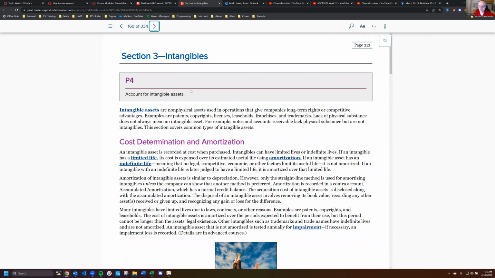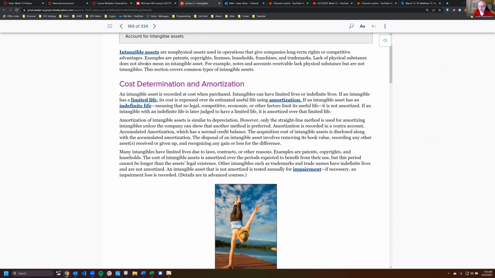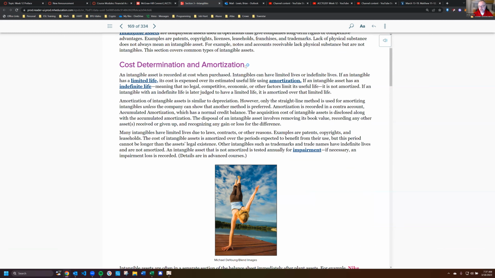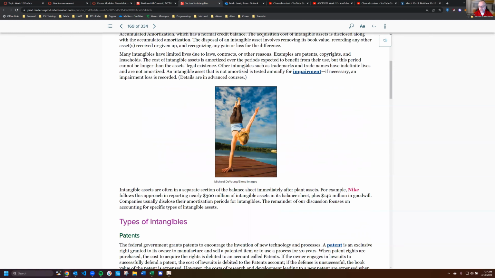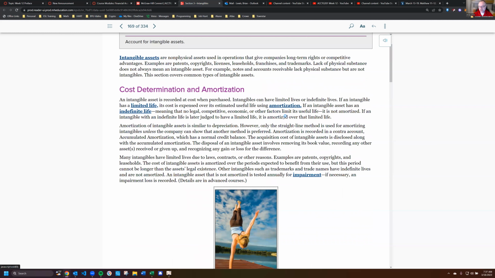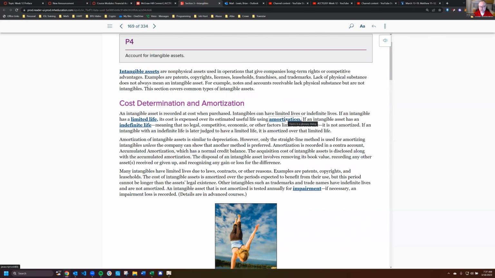And then intangibles. Now intangibles are something that's not a physical asset. It'll be a patent, a copyright, a license. These usually are in paper form. They're not necessarily a physical asset that you can touch and feel. And so this is going to walk you through what that does, how you amortize the cost over time, or if you amortize the cost over time.